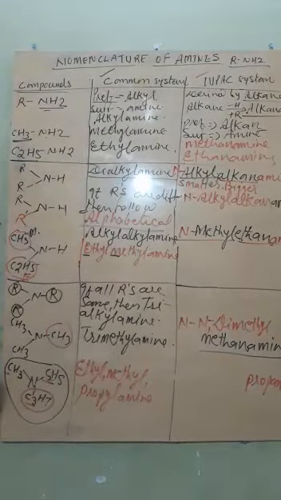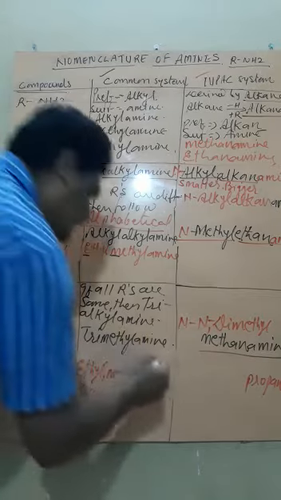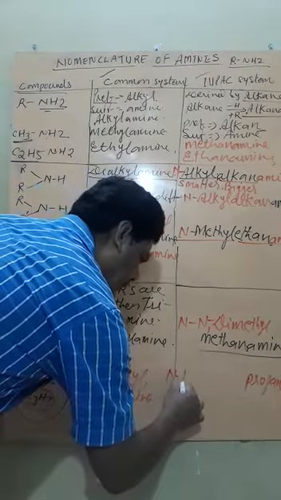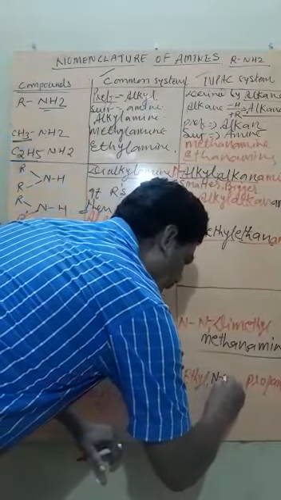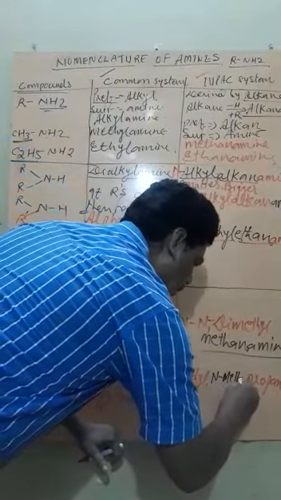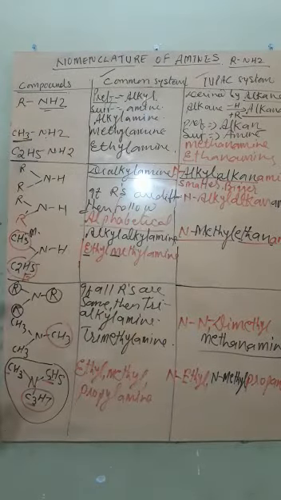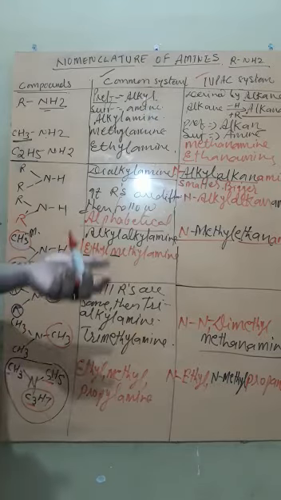Now, starting from smaller size along with alphabetical order, the smaller ones are CH3 and C2H5. Out of these, C2H5, being ethyl, is written as N-ethyl, and for one more substituent you put one more N, methyl. So N-ethyl-N-methylpropanamine. This is about the nomenclature system.